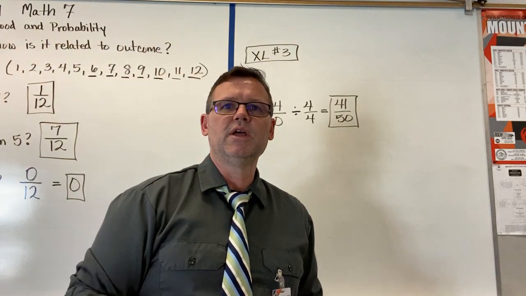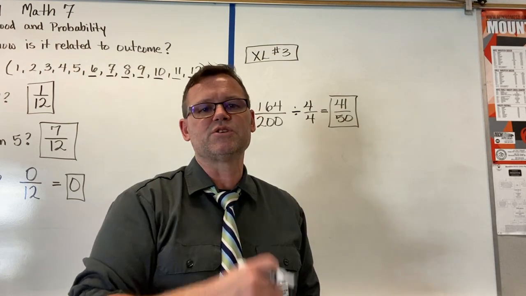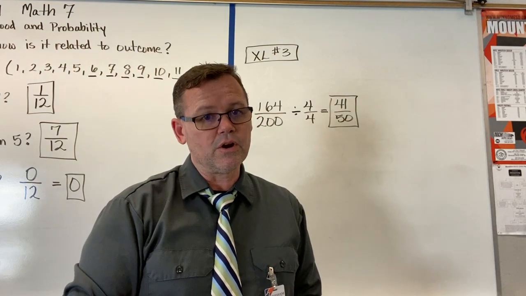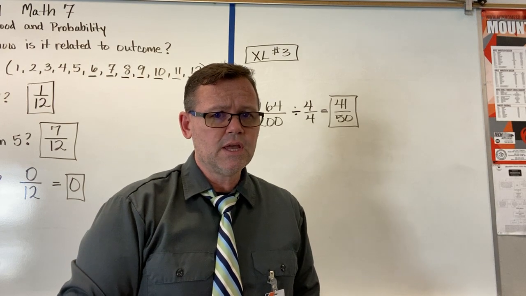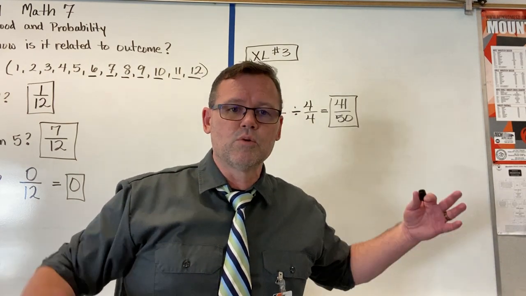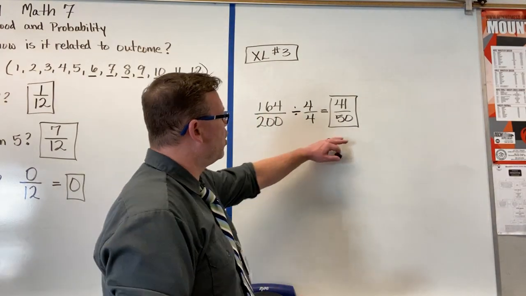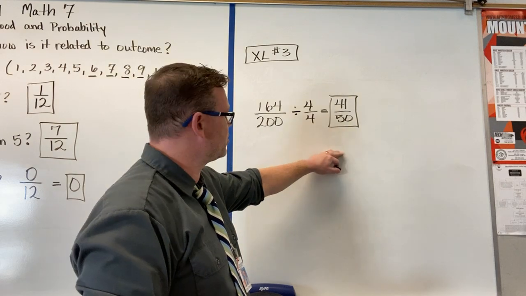But in this one, they want to know what the probability is as a fraction and as a percent. Okay, guys? Now, there are 2 different ways to do this as a percent. If you have good number sense, and it's okay, we're learning these different strategies, but you should pick this up. Anything over 100 equals a percent.